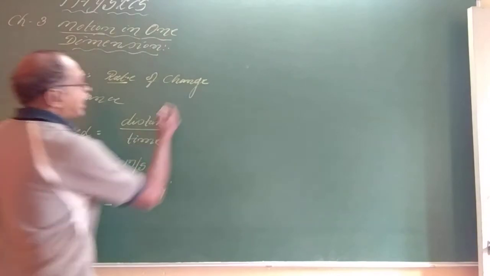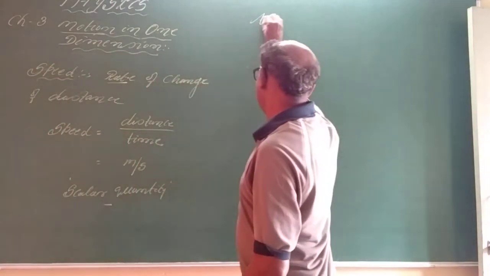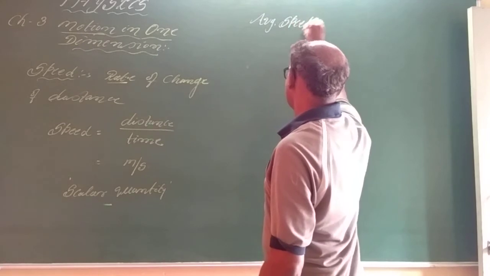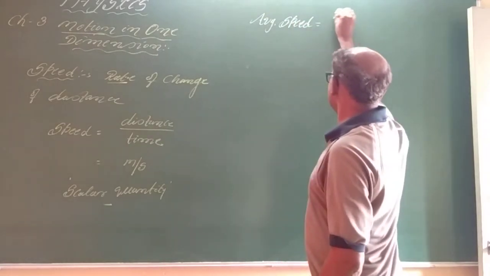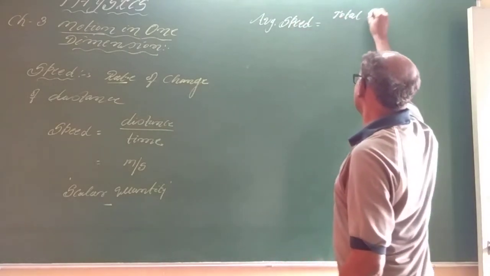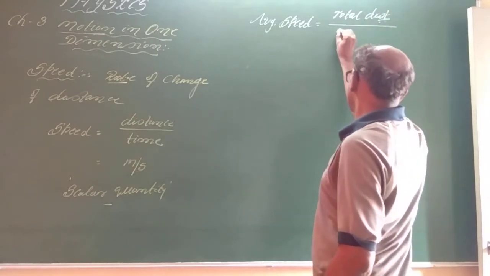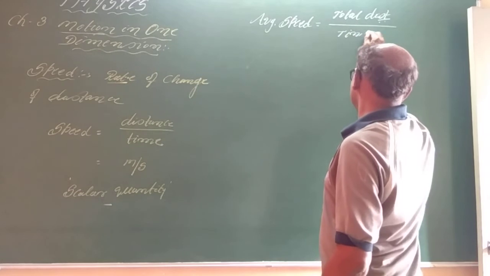So let us go for average speed. What is the meaning of average speed? It is the total distance travelled divided by the total time taken.